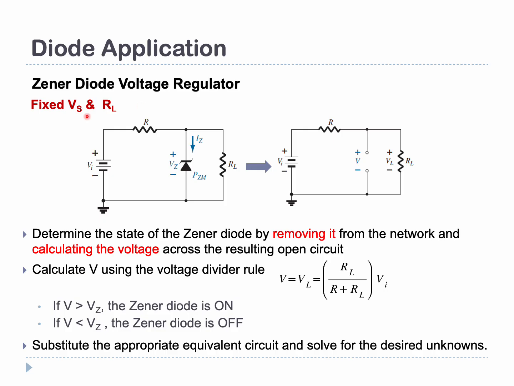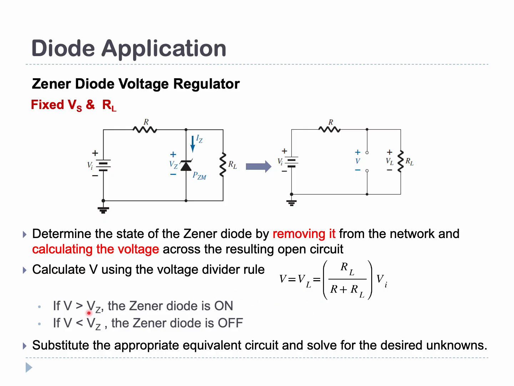slides. Okay, where you're gonna have the fixed Vs and RL. Both of your source and load are in a fixed condition. If both are fixed, you can choose to apply the Thevenin theorem or the V across the open zener method to solve the circuit that we have learned just now.